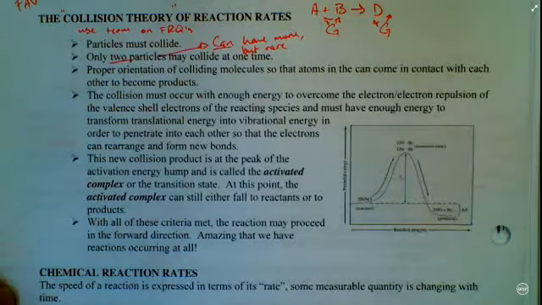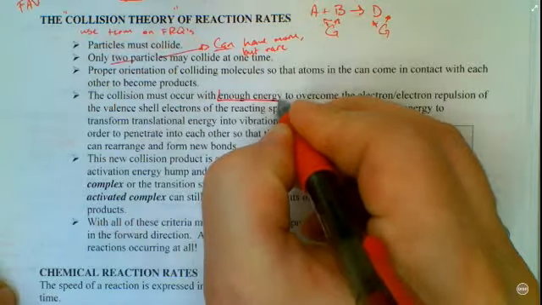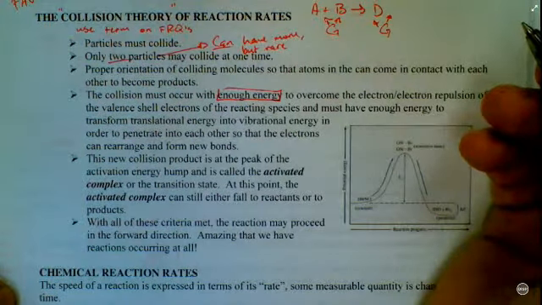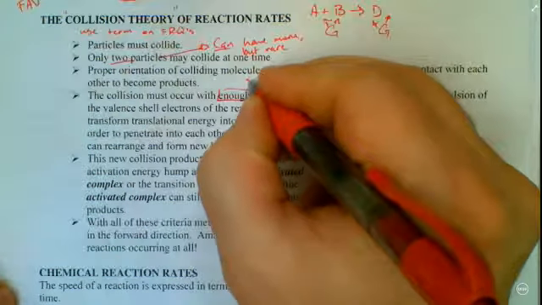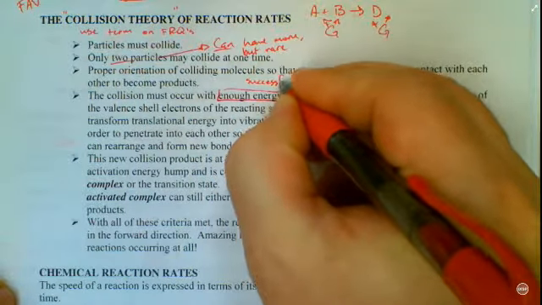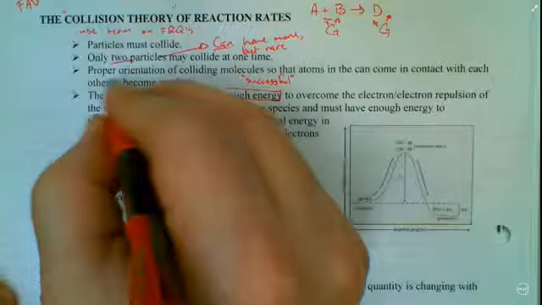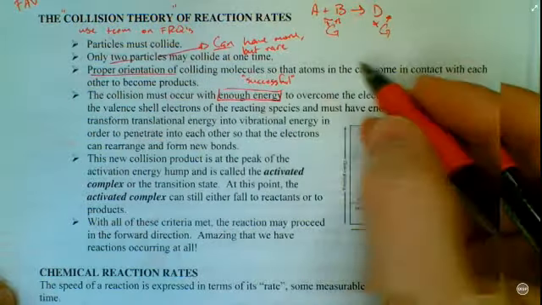So not only must they collide, they have to collide facing the correct way. The collision must occur with enough energy, right? This was the sufficient energy. This is the second of those major factors that we talked about for a successful collision. So proper orientation and enough energy.